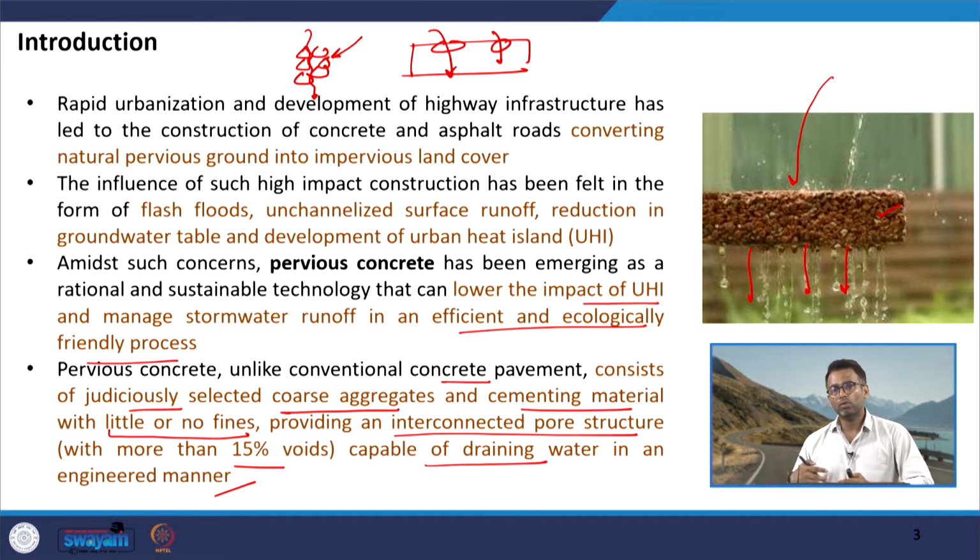In that way we call it pervious asphalt concrete. So, it is just terminology, but today we will be discussing pervious concrete where we are talking about cement as the binding material.